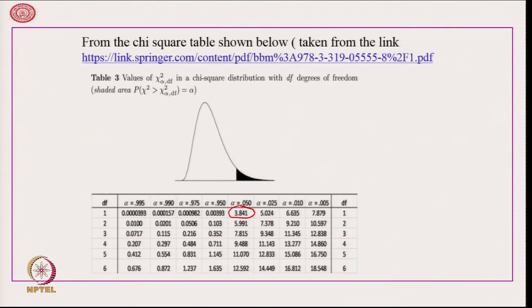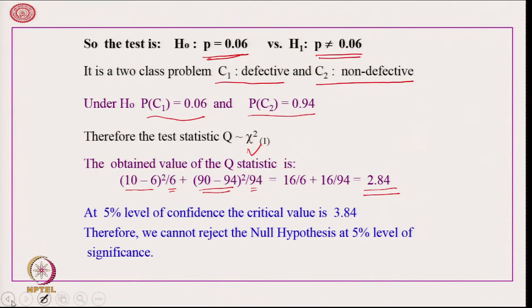We have taken the table from this link, so that you can also check how to read a chi-square table. But going back to the problem, we can see that our obtained value is smaller than the tabulated value of C alpha, when alpha is equal to 0.05. Therefore, we cannot reject the null hypothesis at 5% level of significance.